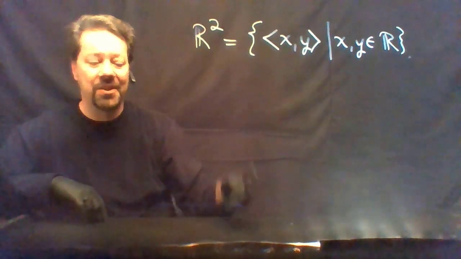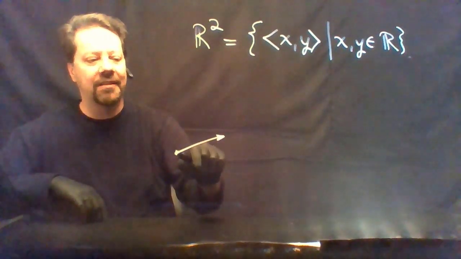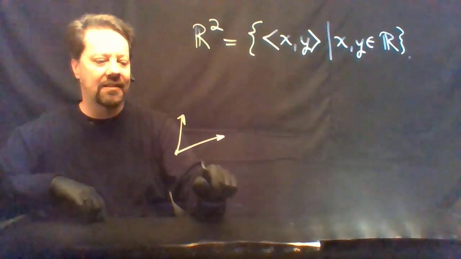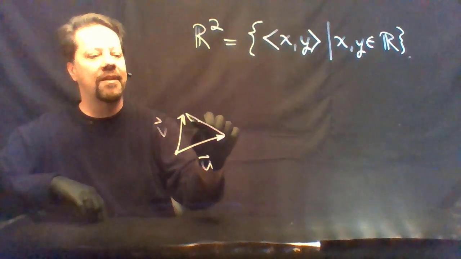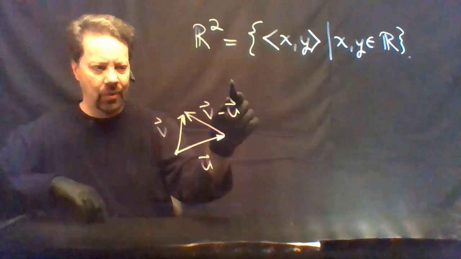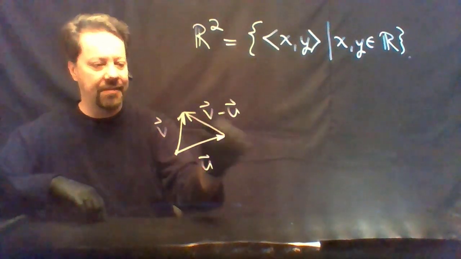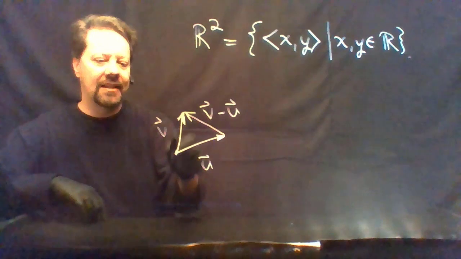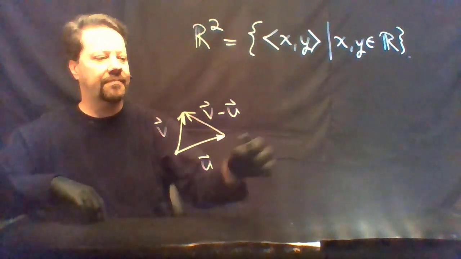The geometric notion of vector subtraction is that you place the vectors tail to tail, and then draw in the remaining side to get, say, v minus u, where the tip of the subtraction is at the tip of the first vector in the subtraction.